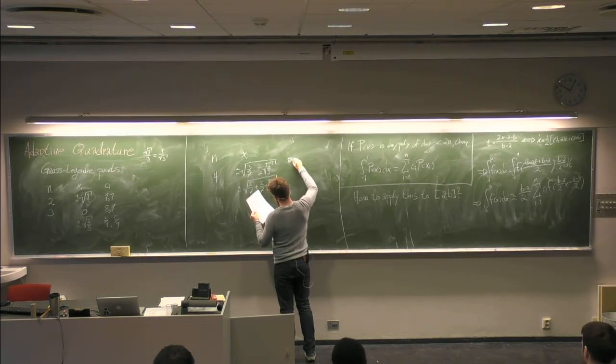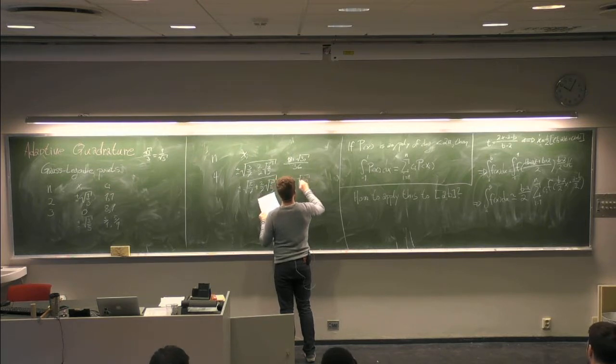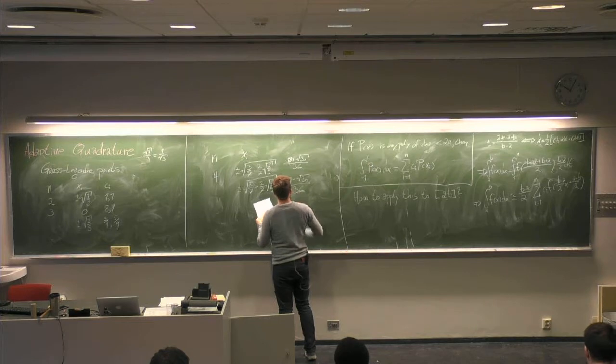And the weights are (18 plus square root of 30)/36, and (18 minus square root of 30)/36.